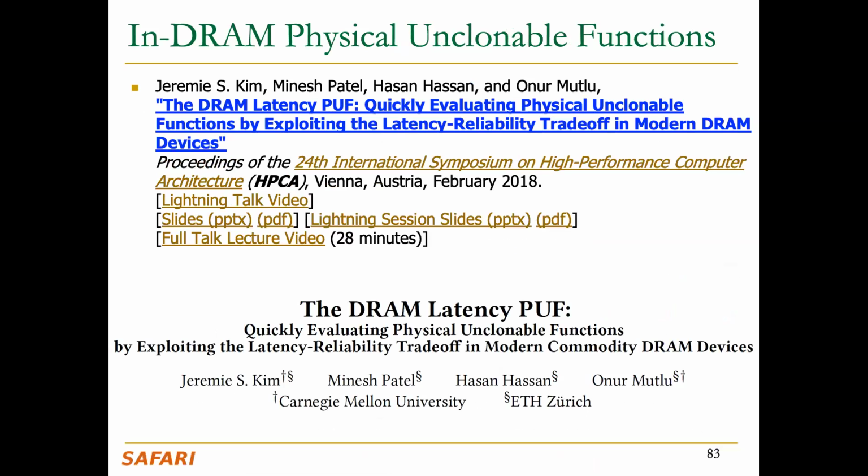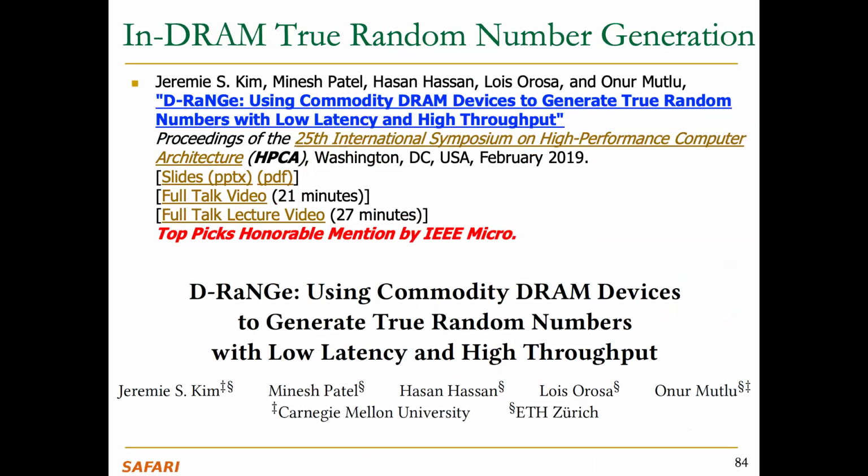We also have been very interested in designing a security substrate in DRAM. I'm not going to talk about the first example, but I'll talk about this example. Essentially, you can generate random numbers in DRAM. And we do that in real DRAM chips. This paper is based on real DRAM chips. Essentially, we tested many DRAM chips.